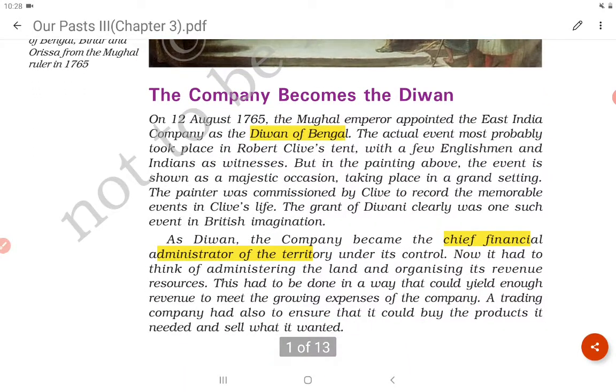So, on 12th August 1765, the Mughal Emperor appointed the East India Company as the Diwan of Bengal. As Diwan, the company became the chief financial administrator of the territory under its control.